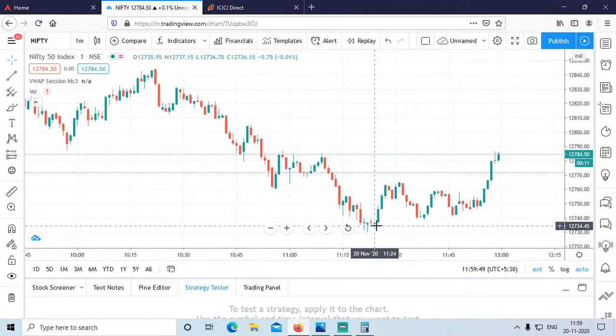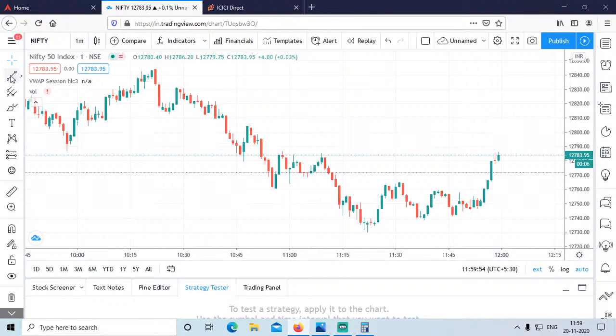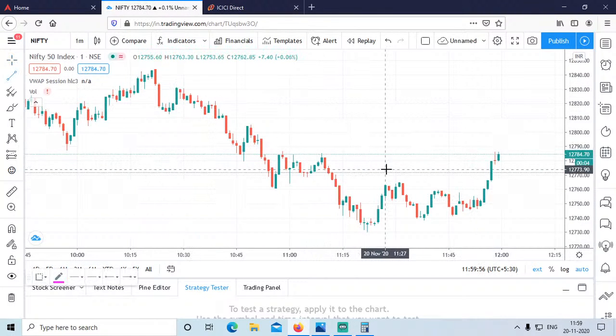As I told you, the market is going in a channel. Whenever there is a channel, if it is going to break out, the breakout strategy will be a little heavy.